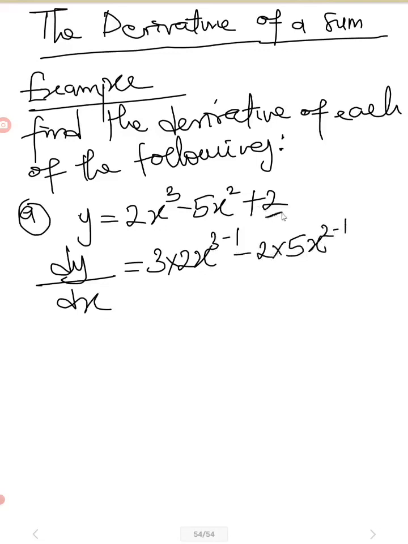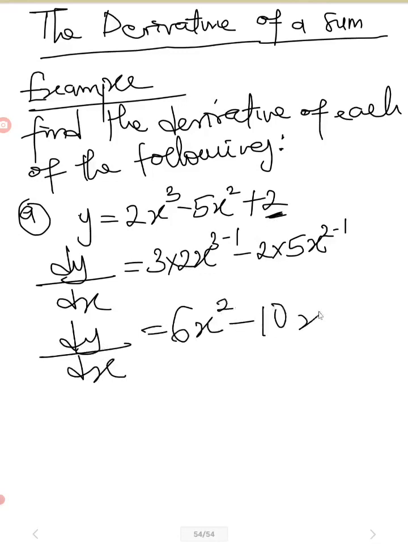The constant here will be 0, since we have explained that the derivative of a constant always gives 0. So differentiating y with respect to x, it will give you 6x squared minus 10x. That is how we differentiate.